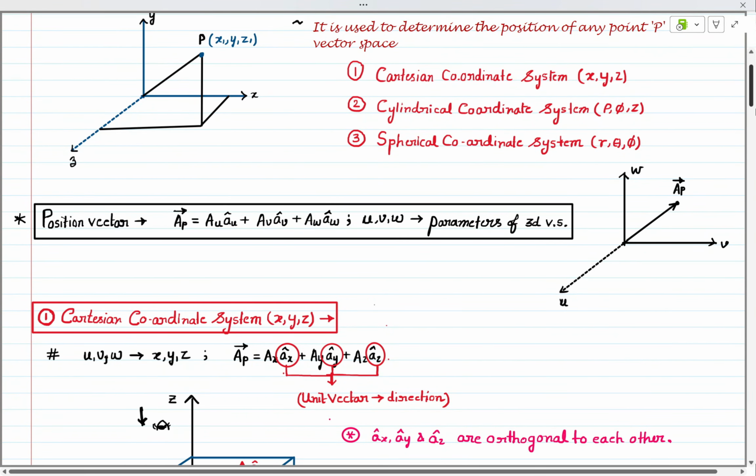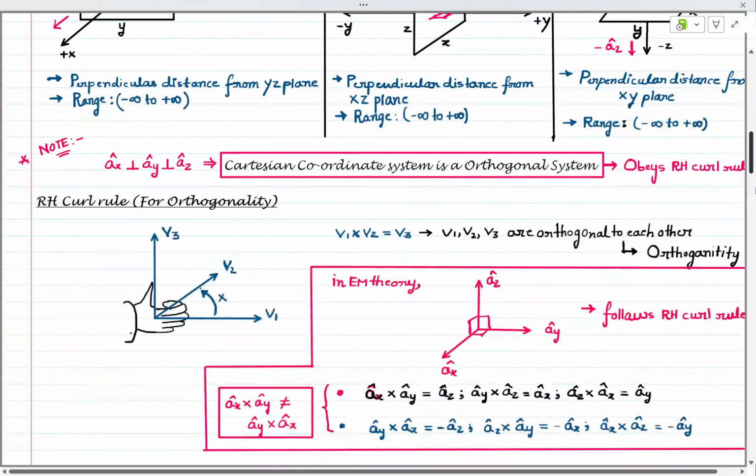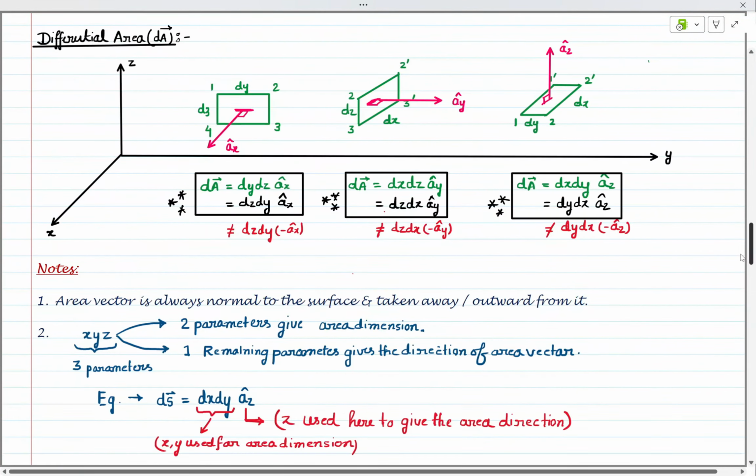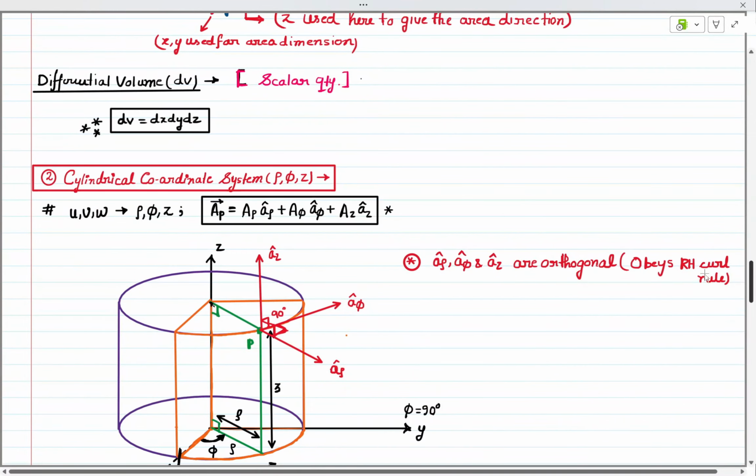In the Cartesian coordinate system, we assign u, v, w as x, y, z, as you can see over here. In the cylindrical coordinate system, we assign u, v, w as rho, phi, z, that is shown over here.